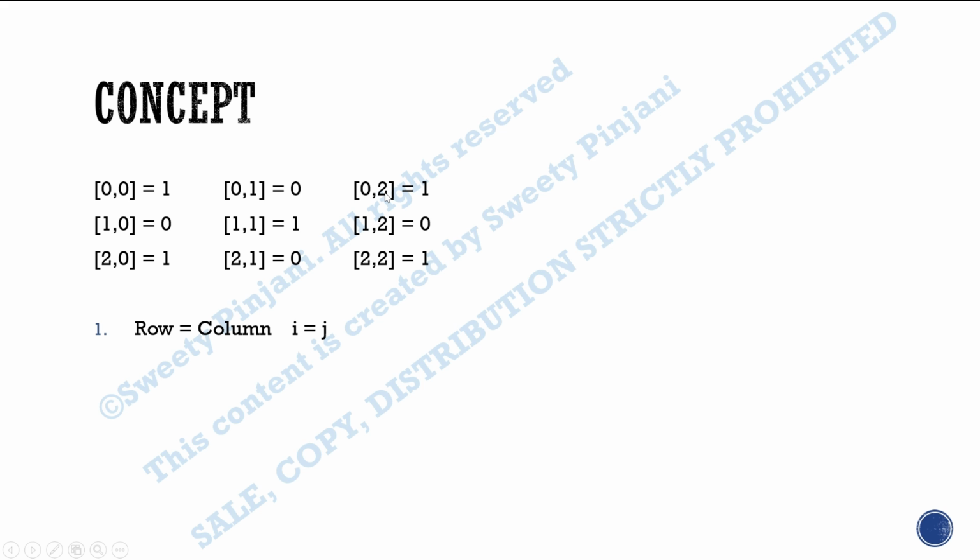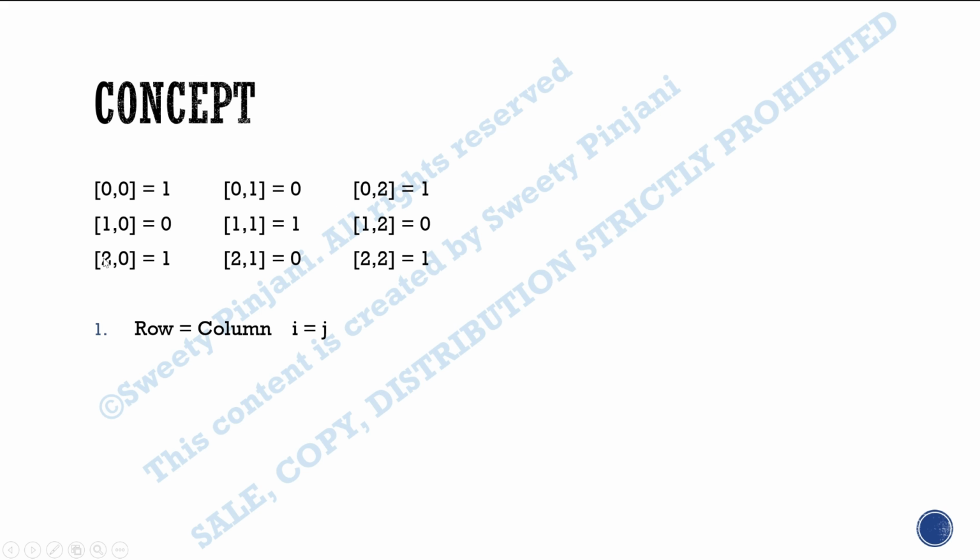The second equation, if you observe carefully, concerns 0,2, 1,1 and 2,0. Now the element 1,1 is already covered. We need to cover these two. If I have to derive a mathematical equation for this, let's observe carefully. Here I is 0, J is 2.